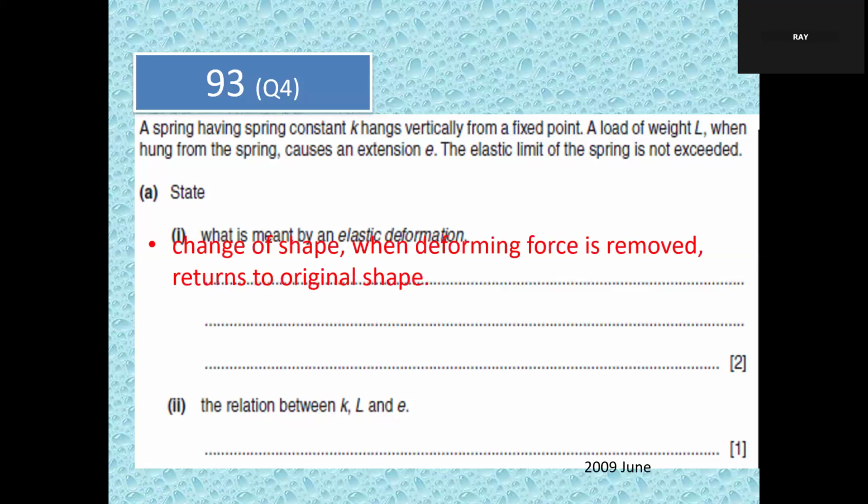Extension does not return to original shape. No, I mean yeah, change of shape. Change of shape when the deforming force is removed, it returns to the original shape, rather than original length.